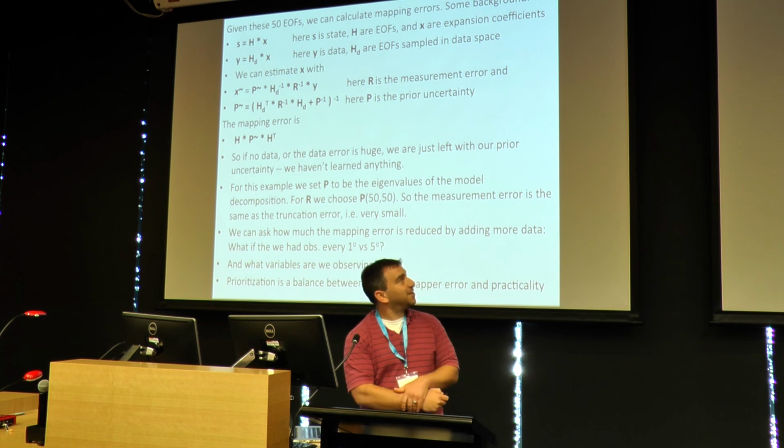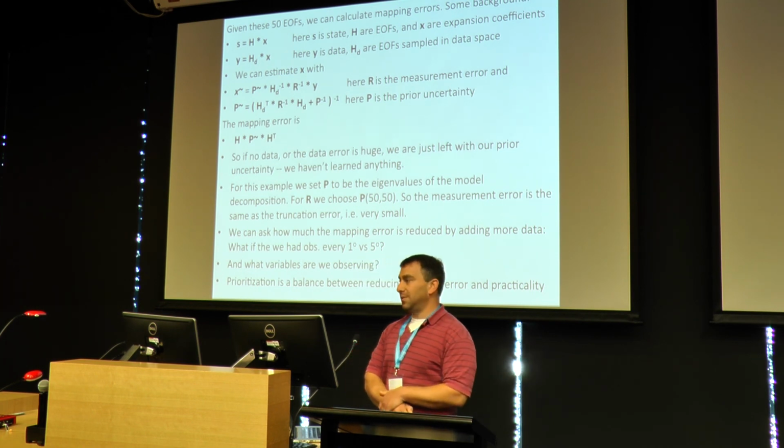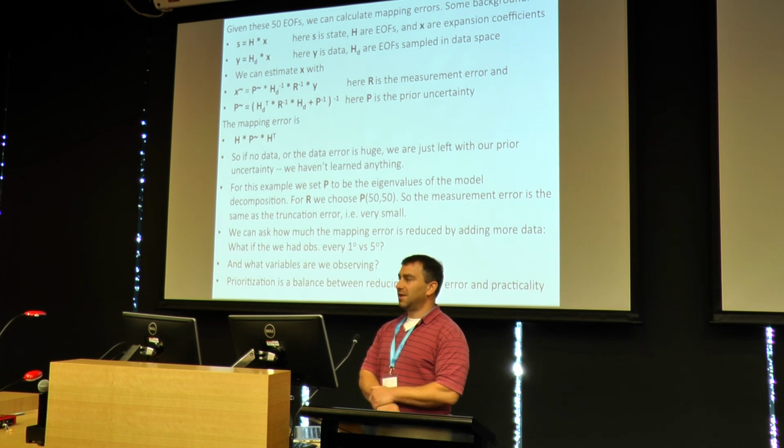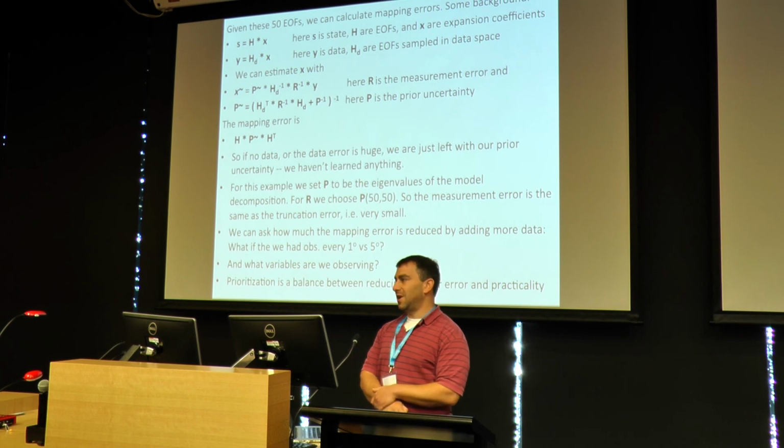If we use these same EOFs and sample another model, would we be capturing the variance in the same way? Because we've simplified the problem down to just 50 EOFs, it's much easier to validate as well. It's simpler to do the mapping and simpler to validate, so it's a cheaper, quicker method.